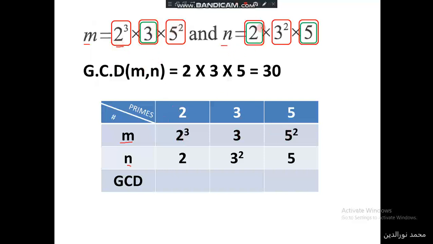For the number N, the prime factors are 2 to the power 1, 3 to the power 2, and 5 to the power 1. Then we circle the prime factor with the lowest exponent in each column. So we circle 2, 3 to the power 1 and 5 to the power 1. Then the GCD is 2 times 3 times 5, and the answer is 30.